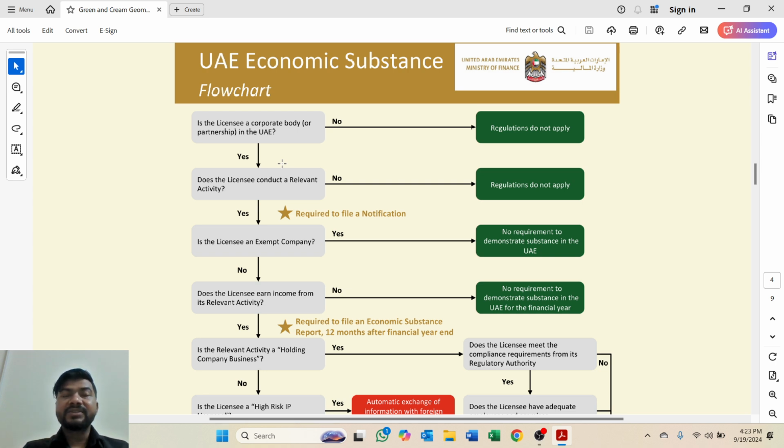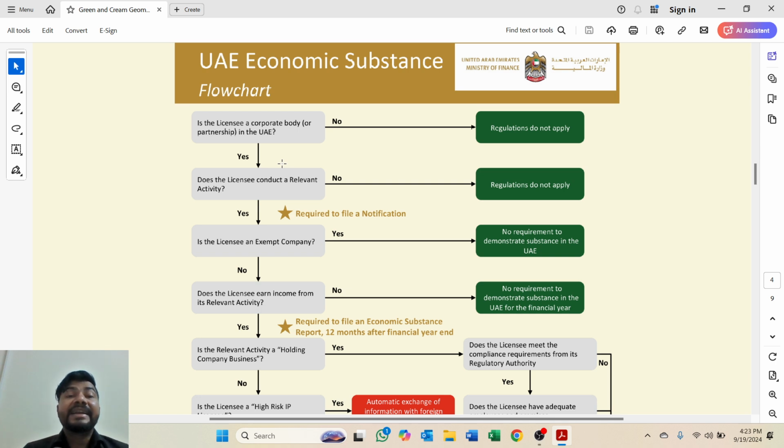If yes, in that case, you will now analyze whether your company, whether the licensee, performs the relevant activities. I have explained the meaning of relevant activity: banking business, insurance business, investment fund business, shipping business, holding business. So if they are doing any of these relevant activities or not, if no, in that case this regulation does not apply.